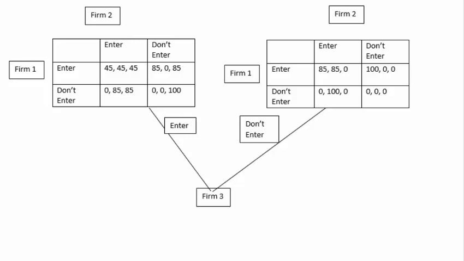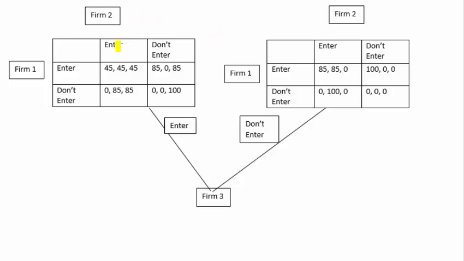So when it comes to finding Nash Equilibrium in a three-player game, it is done very similarly to finding Nash Equilibrium in a two-player game. It just involves extra steps. So if I was to use yellow to represent firm 1's decision, and using my strategic foresight, I can then figure out which decision firm 1 will pick depending on firm 2 and firm 3's decision.